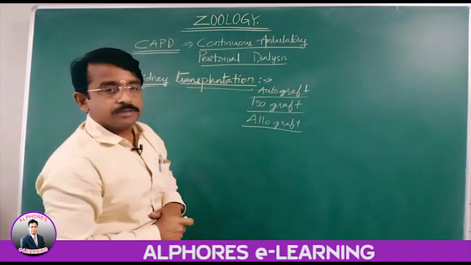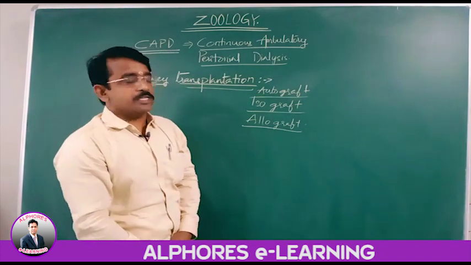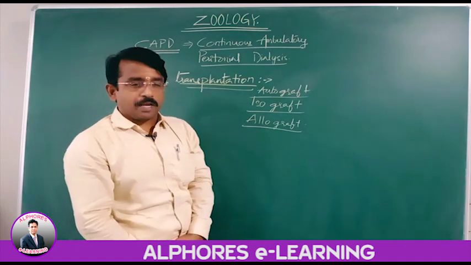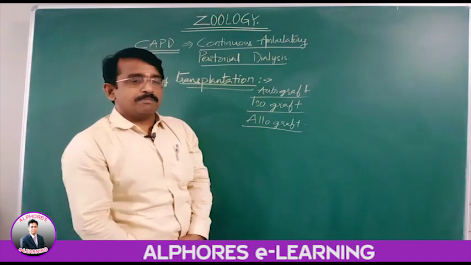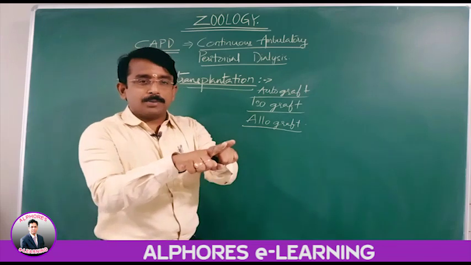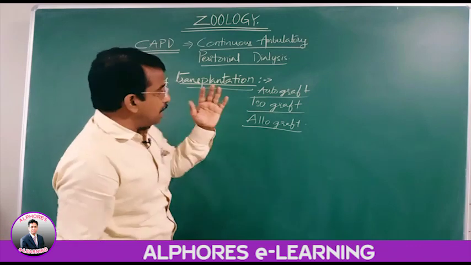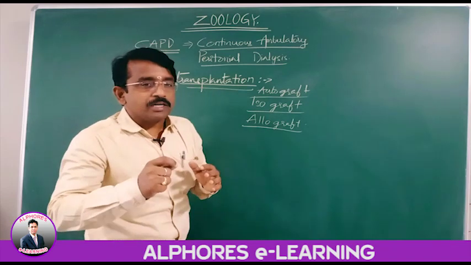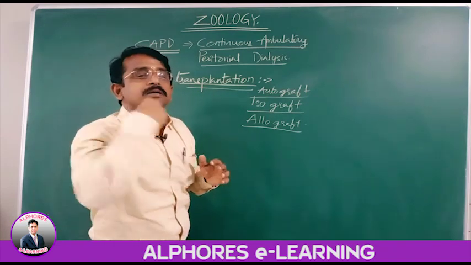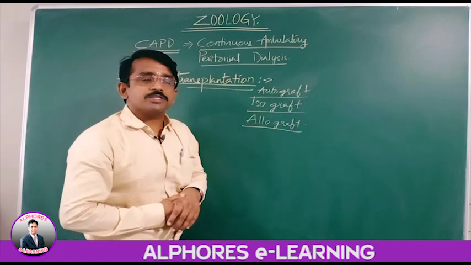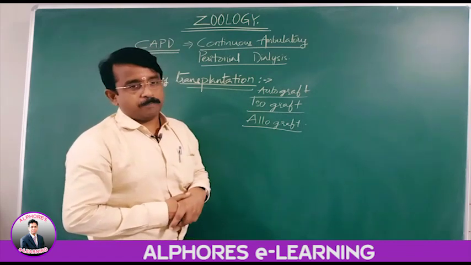I repeat, kidney transplantation is also said to be grafting, as in plants where two related plants are tied together, which is a grafting. Here also a tissue or an organ is transplanted, which is named tissue transplantation and organ transplantation.